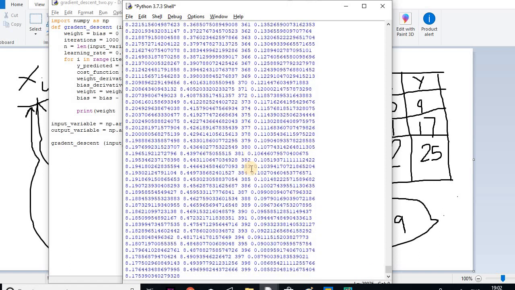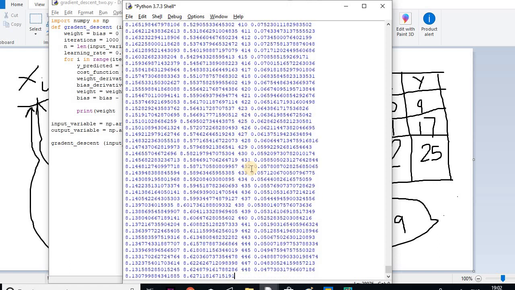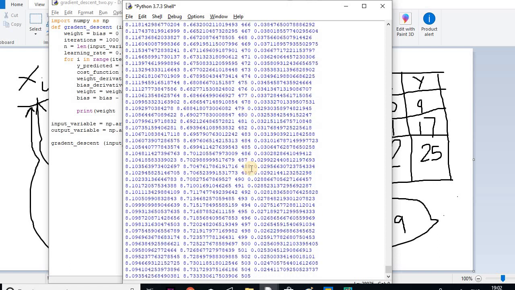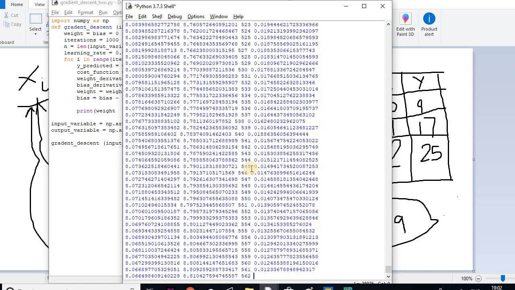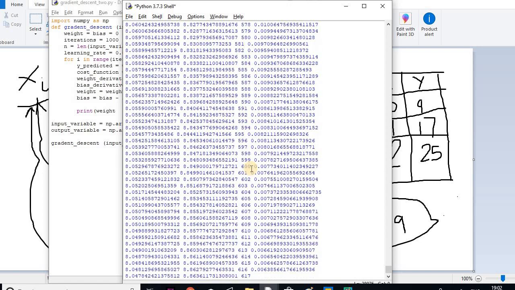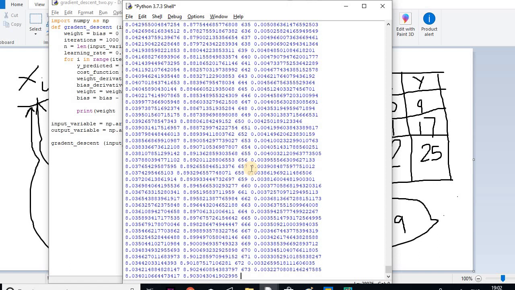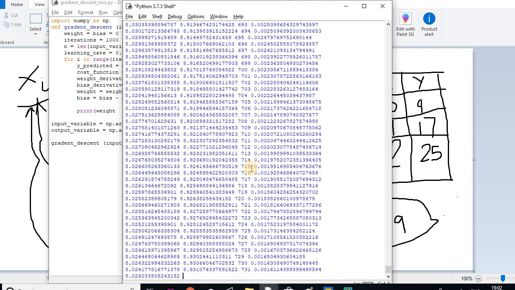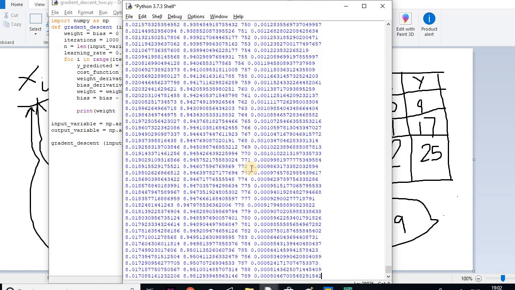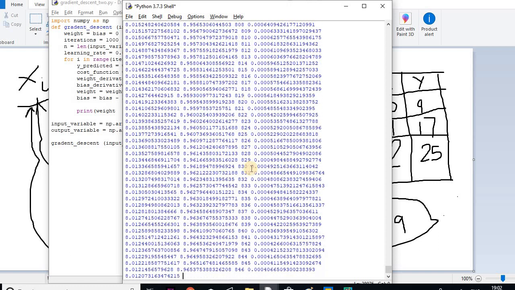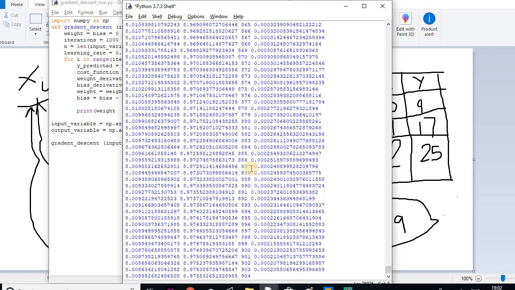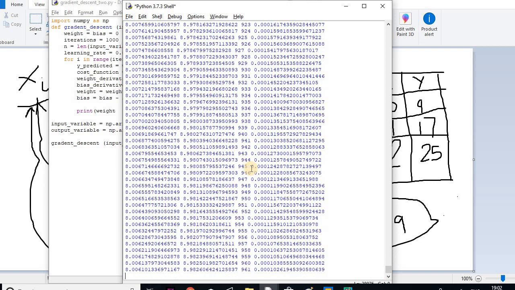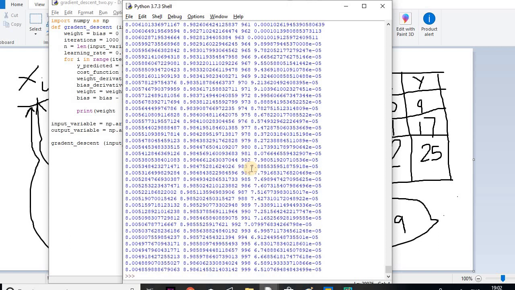See here, you can see again the cost function is decreasing only.